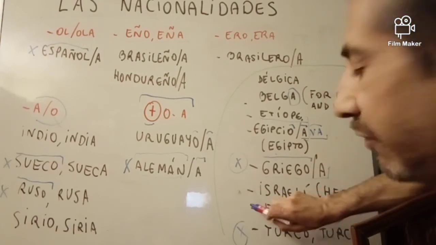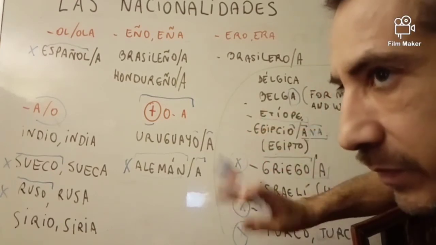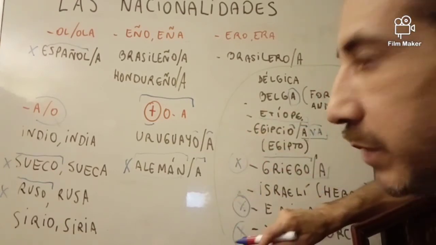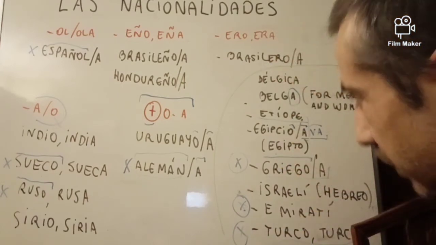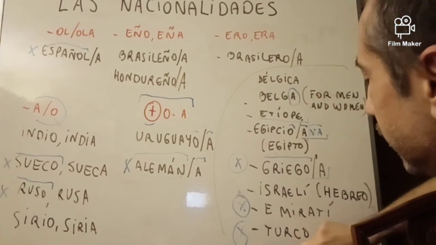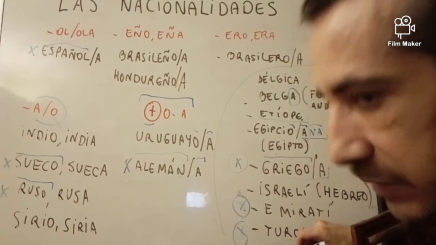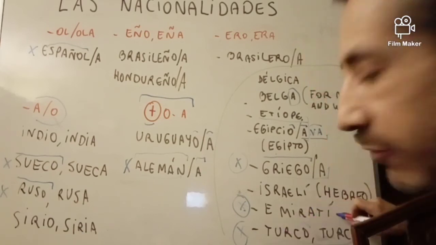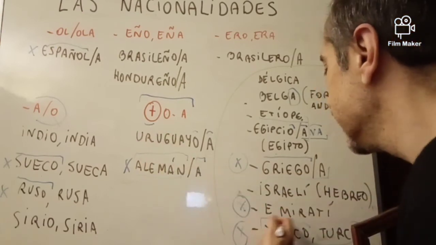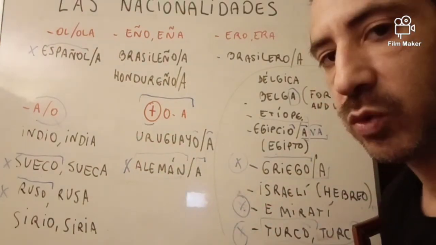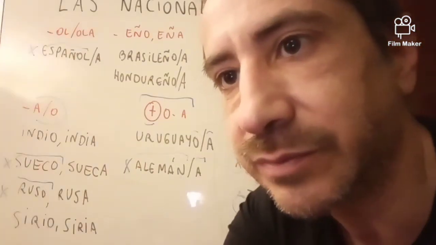This is the name of the language. It coincides with the United Arab Emirates. And finally, people born in Turkey, when we talk about their nationality, we say turco for men and turca for women, and the language is el turco. El idioma turco, turco.